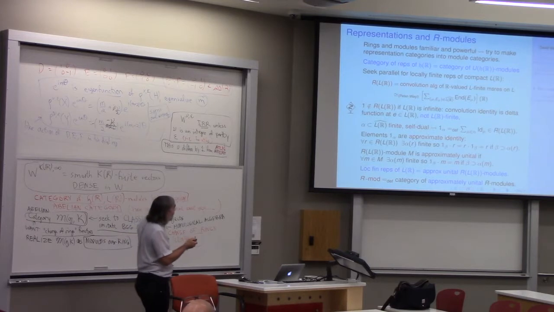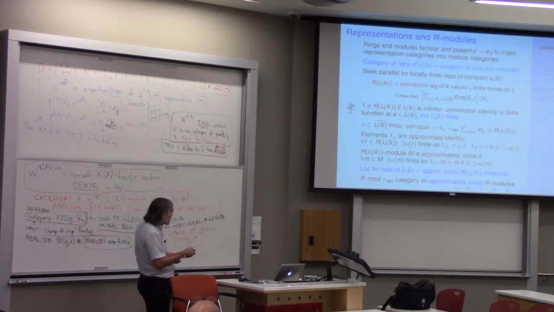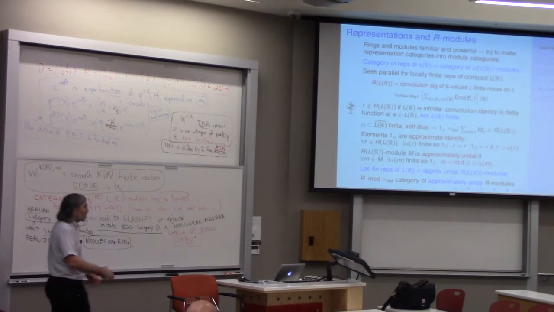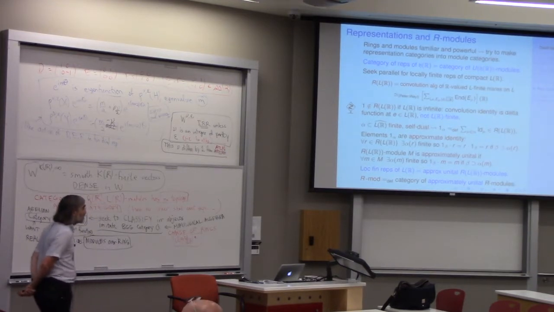For the compact group representations, this ring of locally finite measures that transform finitely, the category of approximately unital modules for that ring is exactly the same as the category of locally finite representations of the group.